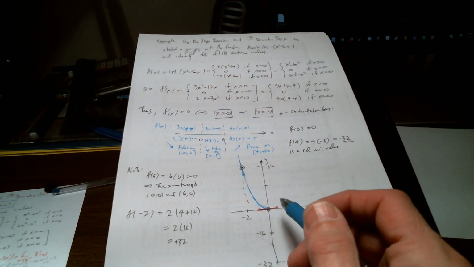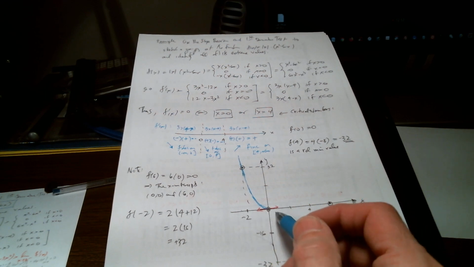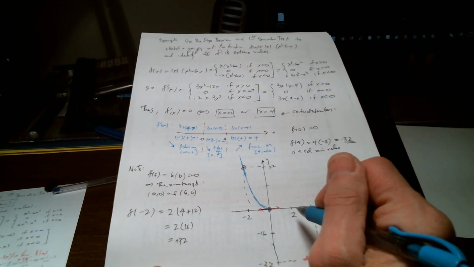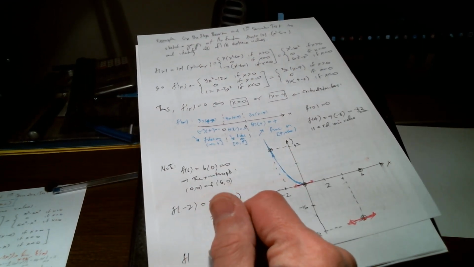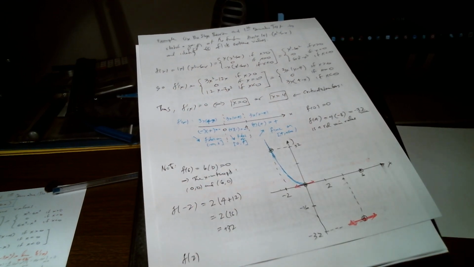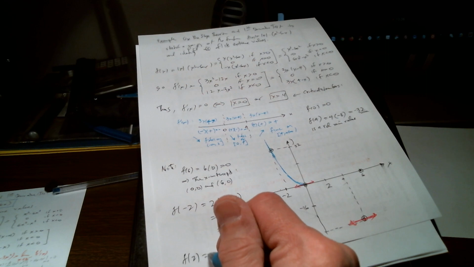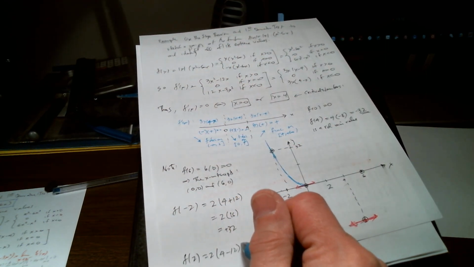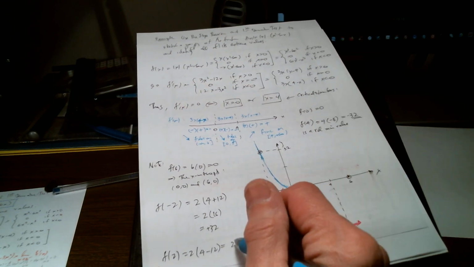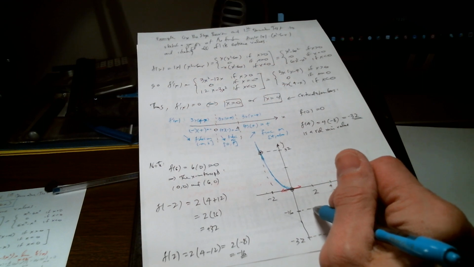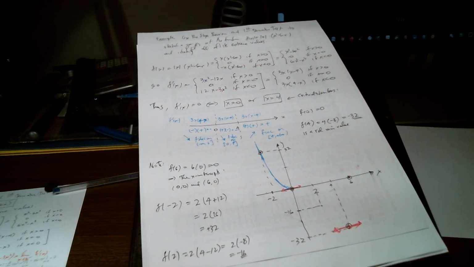However, it's going to bottom out at x equals 4. And maybe we just throw in another value of f. What's f's value, say, at positive 2, just to get a little more accuracy on our graph? Well, f of 2 is going to be 2 times 2 squared is 4 minus 12, or 2 times negative 8, which is, of course, negative 16. So at 2, we're at negative 16.